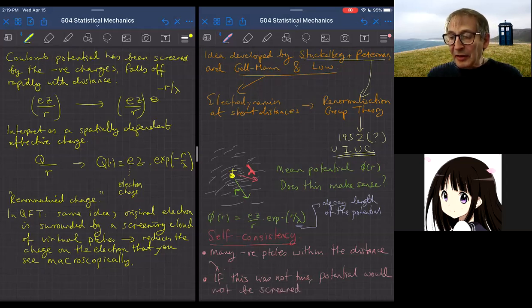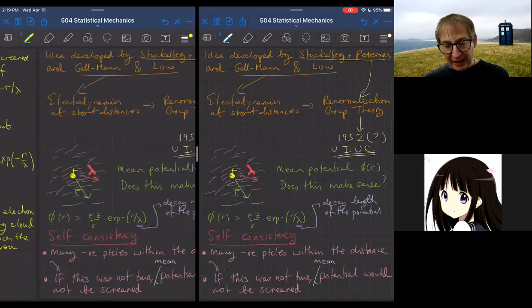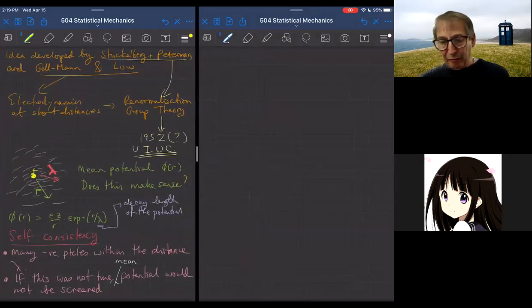And we're not just looking at what happens on one particular realization or one particular moment in time. We're looking at the mean potential here. So we need this to be true for our mean field theory, and it's important that this is a self-consistent approximation.